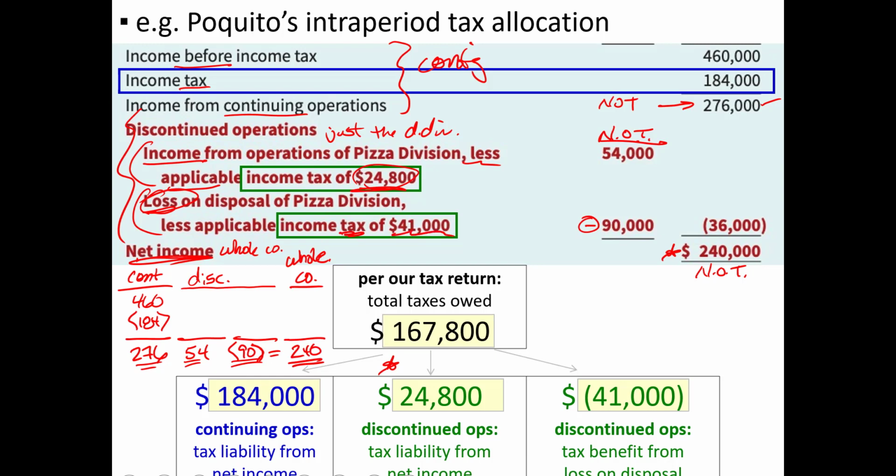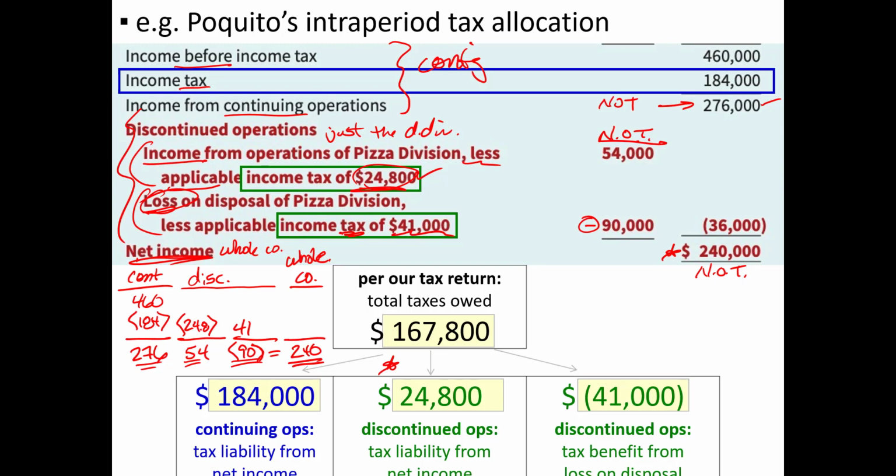Don't worry about that. 24,800 represents how much tax just that division is responsible for paying the federal government. But if it sold something at a loss, we actually get a benefit, in this case of 41,000. That actually is good for us because it offsets any other types of tax liabilities. Tax benefits are essentially not refunds that were owed from the government. Tax benefits represent certain items that reduce our tax liability.